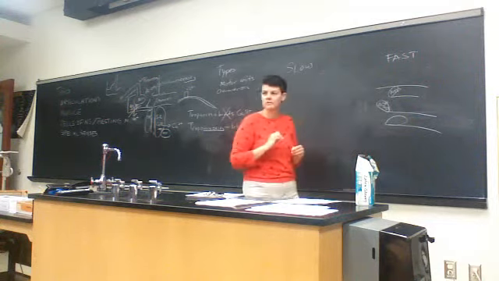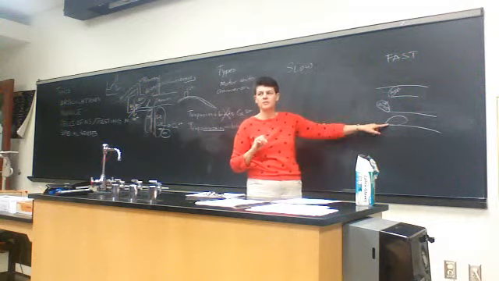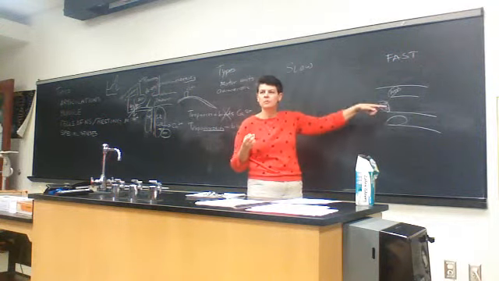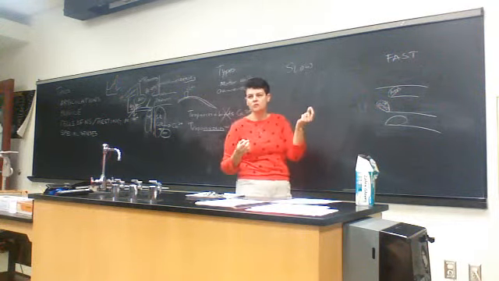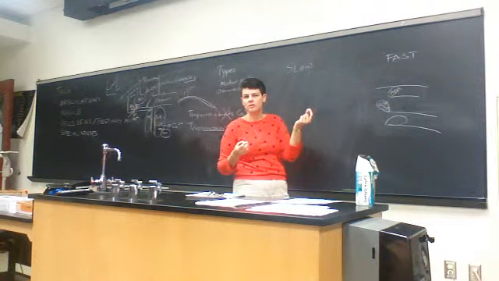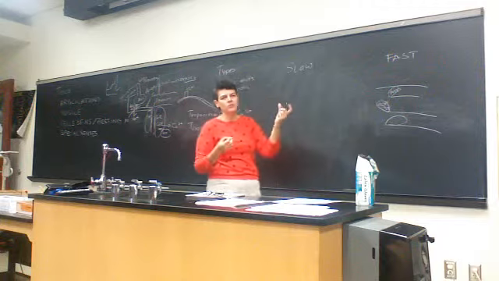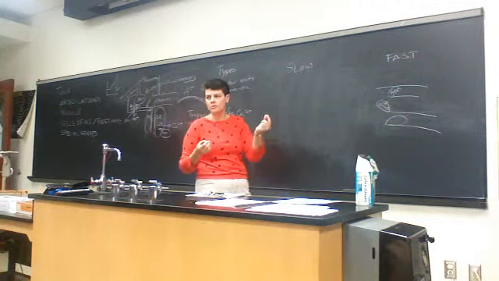ATP binds, ATP is hydrolyzed, the products are released. Bind, hydrolyze, release, bind, hydrolyze. If you do that really quickly, what's going to happen to the speed of shortening of the sarcomere? Really fast.